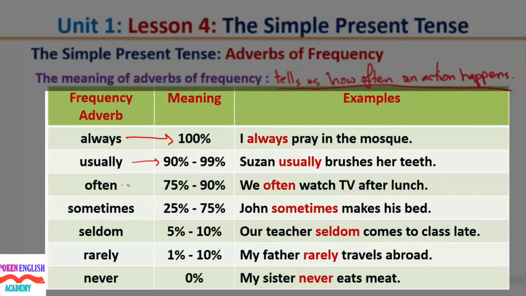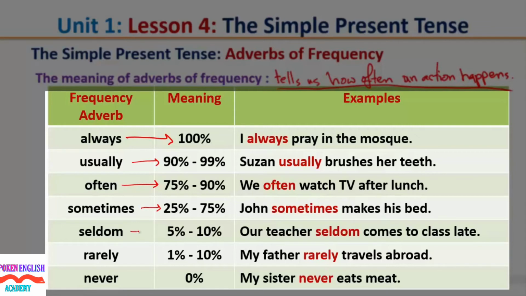Often. Often means from 75% to 90%. Example, we often watch TV after lunch. Sometimes. Sometimes means from 25% to 75%. Example, John sometimes makes his bed.